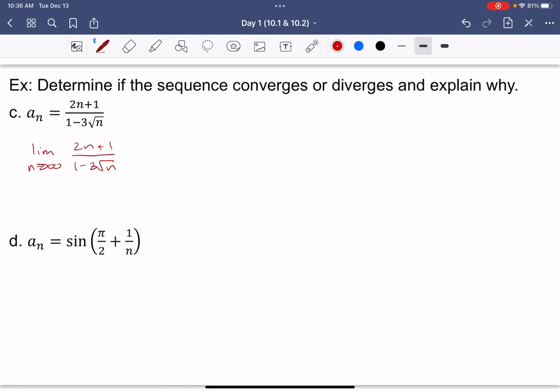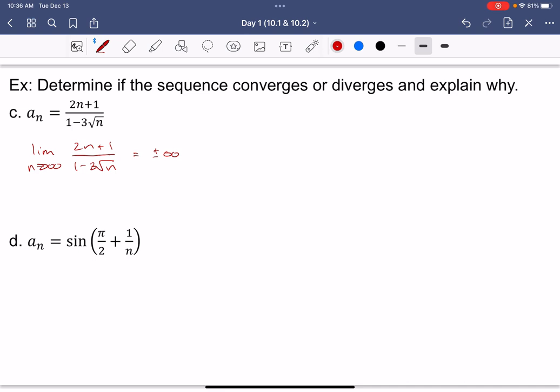The difference this time is that the highest power on top is actually bigger than the highest power on the bottom. If that's the case, then that tells me immediately that my answer is either positive or negative infinity. If the power on top is bigger, it's got to be one of the infinite values.